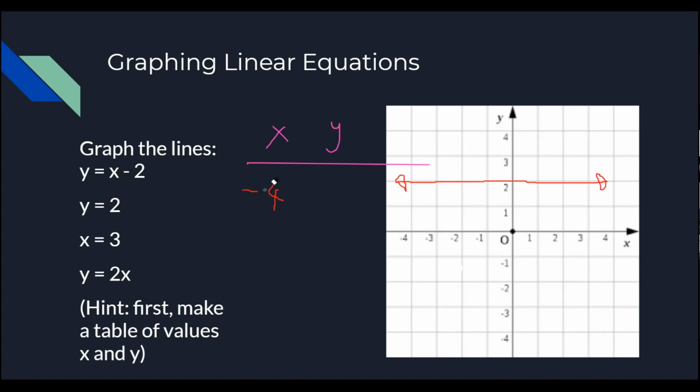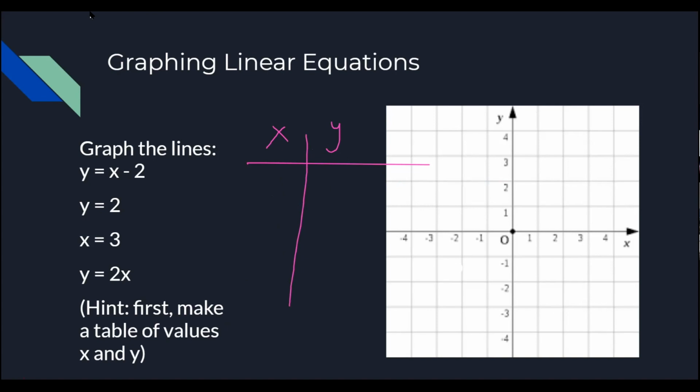Let's move on. Who would like to try graphing the second one? Any ideas? Vincent, do you want to try graphing the second one? Which one's the second one? Oh, sorry. The third one I meant. x equals 3. If x equals, then y is 3. Well, x can be any number.